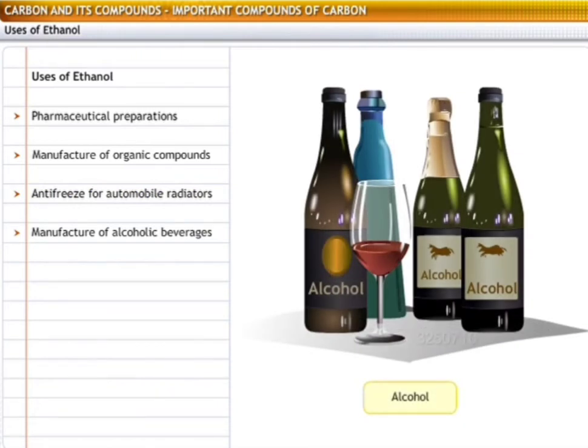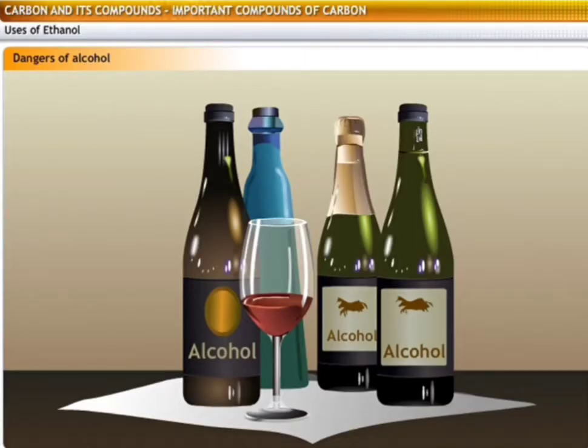Alcohol consumed in moderate quantities serves to relax the body. Ethanol, therefore, is widely used in the manufacturing of alcoholic beverages like whiskey and beer. Alcoholic beverages are popular because they help people relax.